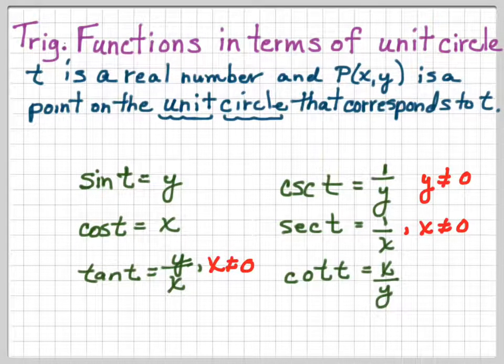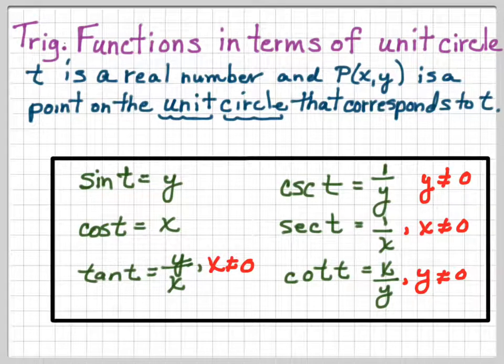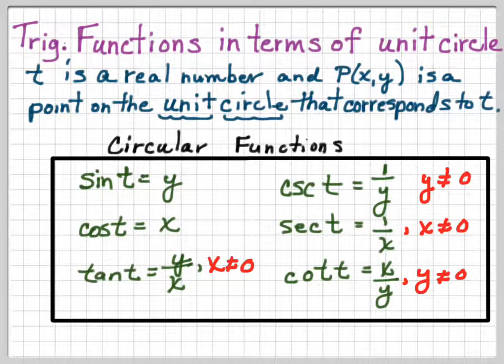The cotangent will be x over y, which is a reciprocal of tangent, and y cannot be equal to 0. So now, in terms of a unit circle, we've made our 6 trig functions even simpler. There's another name for periodic functions, and they are circular functions, and you can see that because we're going around in a circle.